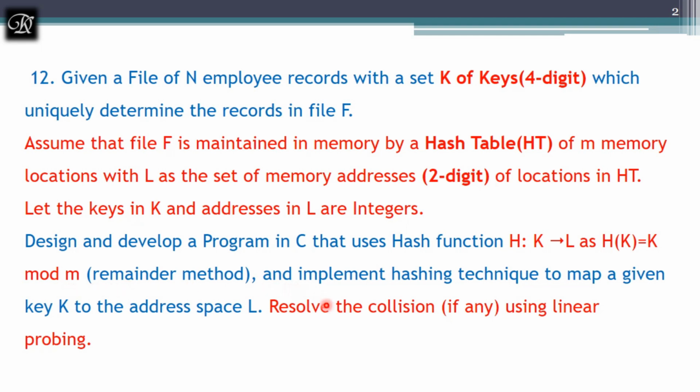Then implement a hashing technique to map a given key k to the address space L. We have to implement our technique to map this key k to address space L. Resolve the collision. If there is an overlapping, that situation we are going to call a collision. That situation we have to resolve using the linear probing technique.